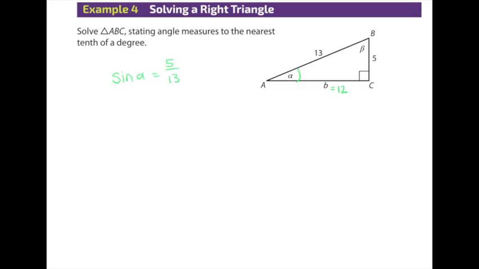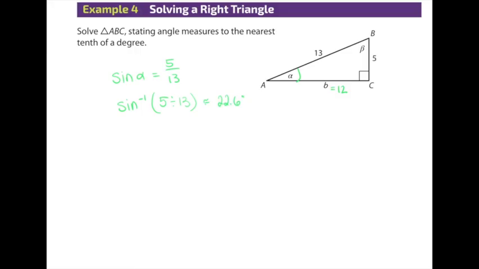This is where you're going to use your inverse functions on your calculator. So if I know what my sine is, I'm just going to put that in like this, right? And you will get, when you round it, hopefully 22.6 degrees. If not, check and make sure you're not in radians.